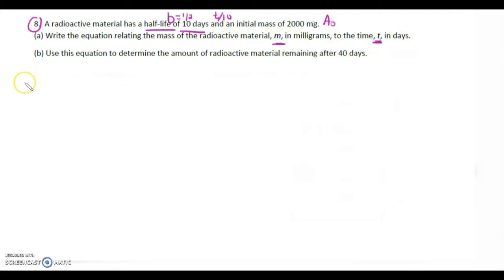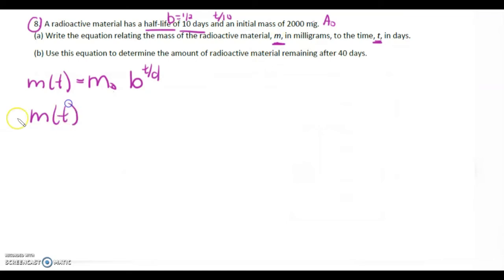So this is going to be a little bit different. We're going to have the mass at time T is going to be like the initial mass, so M naught, B to the T over D. It's the exact same equation except we're writing M instead of A.